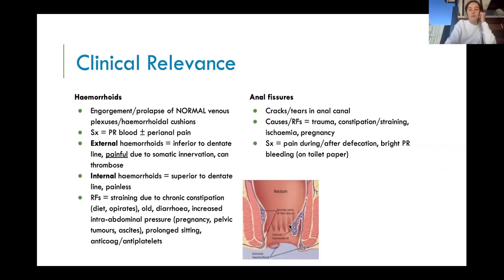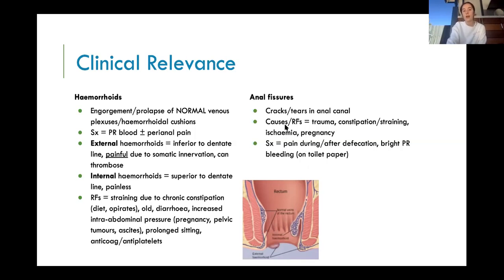The most important thing is whether they're internal or external. If they're above the dentate line, there's a slide coming, then they're internal, and internal ones are not painful because that's a visceral innervation, whereas external ones are somatic innervation, so they're going to be painful.